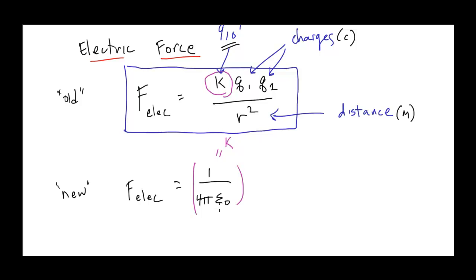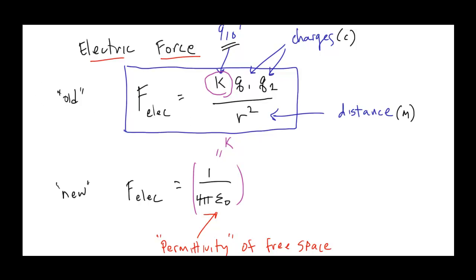Epsilon 0 is known as the permittivity constant, or the permittivity of free space, and by free space, I mean vacuum. I'm not going to get into what permittivity is all about, but it has something to do with the ability of a charge to set up an electric field. There would be a permittivity value for air, for glass, for whatever. This is the permittivity of empty space, or a vacuum.